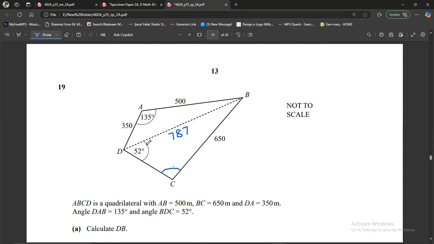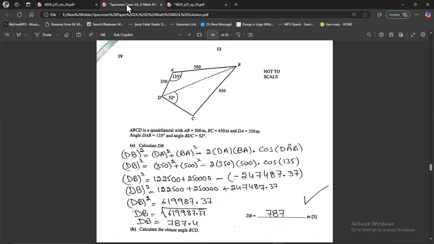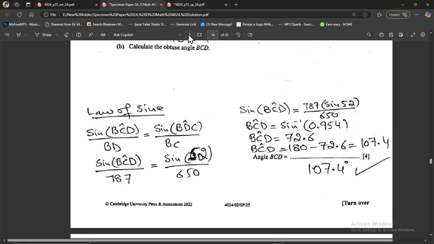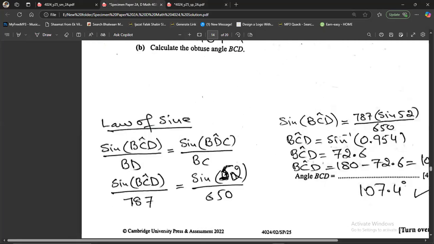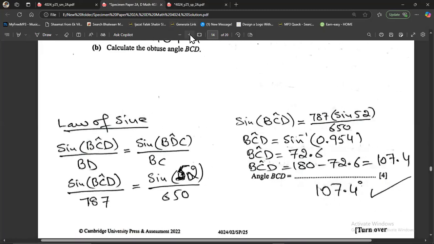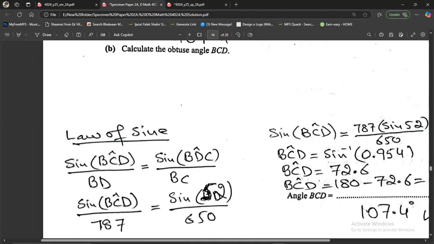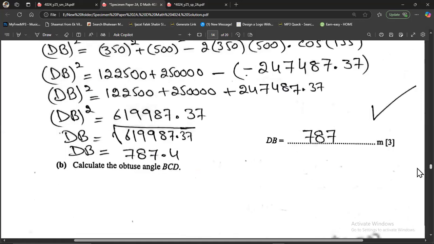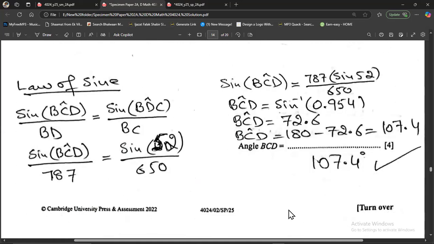This is a classical case for the law of sine, the sine rule. So here you go. I'm going to apply the sine rule. Sine of BCD divided by the BD side equals sine BDC divided by the BC side.